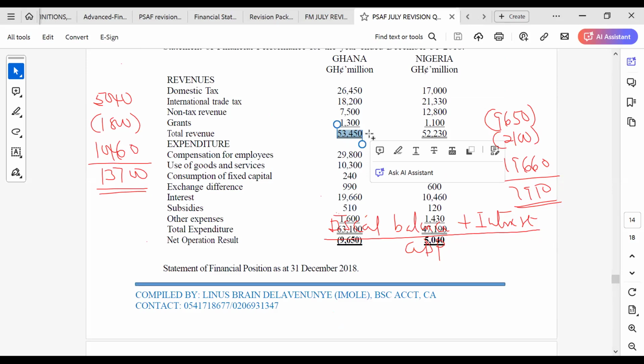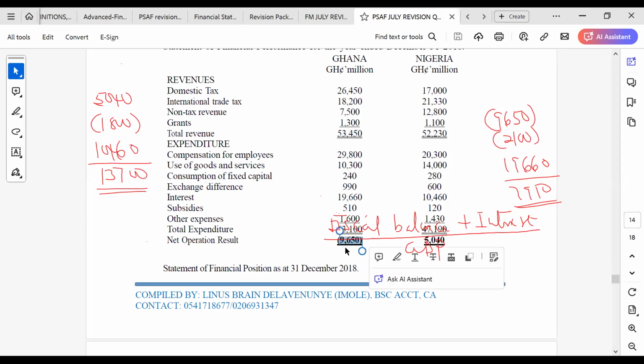This particular 2,100 is increasing our net operation result because it is an addition to revenue. So if you want to remove it, just subtract it from this figure, our net operation result.